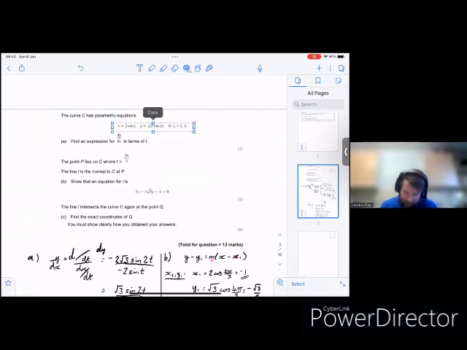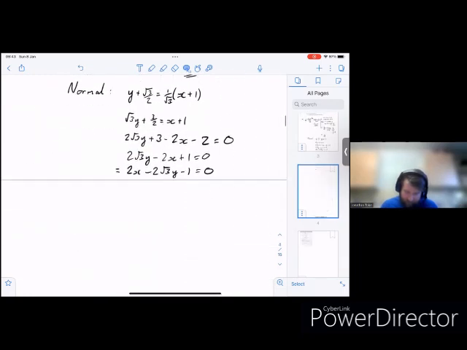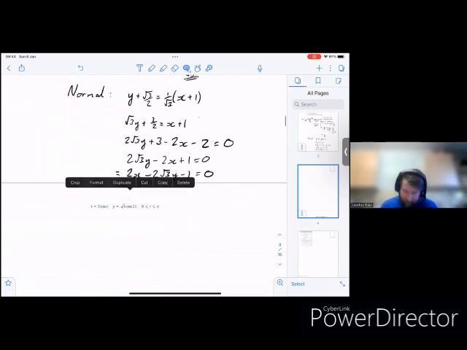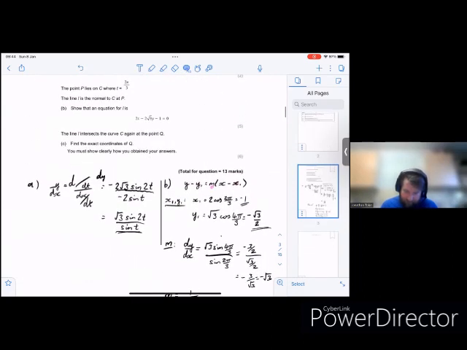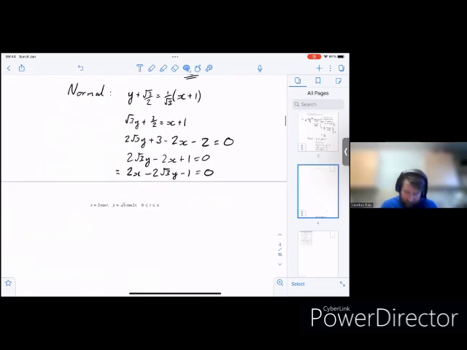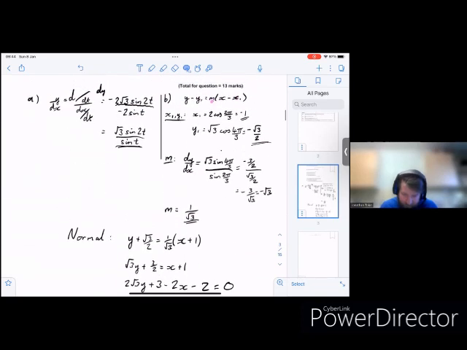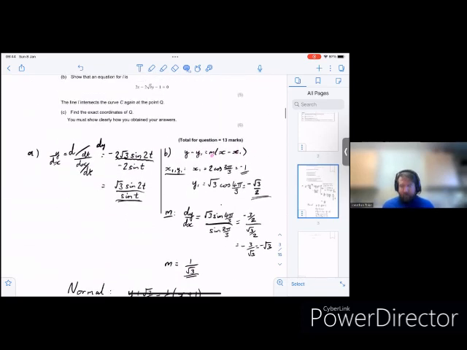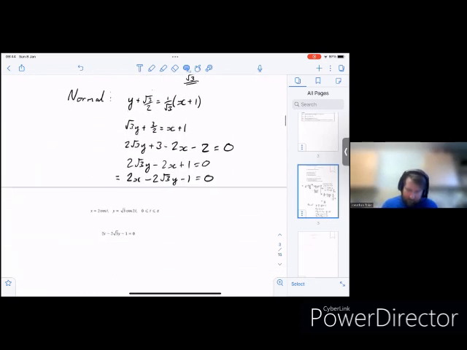I need that one, and I need that one. Let's just check the question. The line intersects the curve again at the point Q. Find the coordinates of Q. You must show how you found your answer. Yeah, because you could cheat with a graphical calculator there, couldn't you?